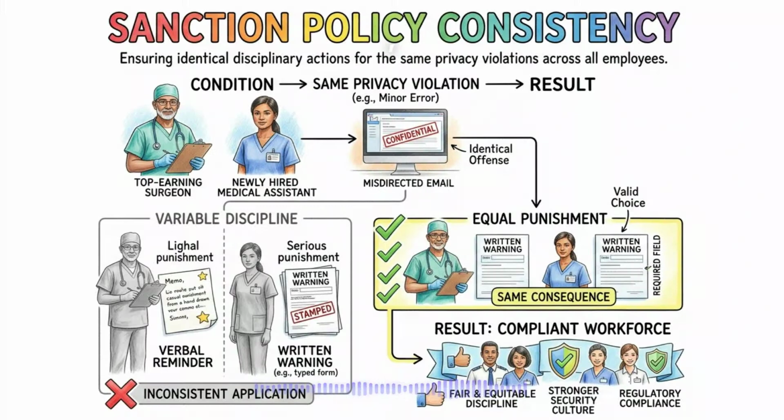The most important concept to remember for the exam is that sanctions must be applied consistently across the entire organization. A top-earning surgeon must face the exact same discipline for a privacy violation as a newly hired medical assistant.